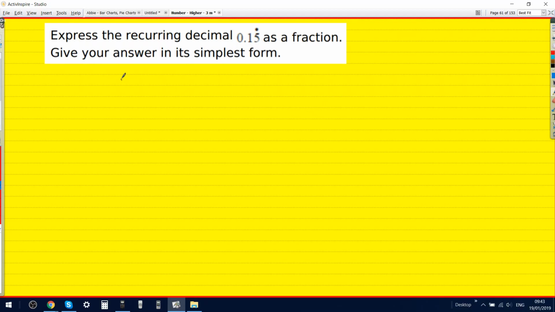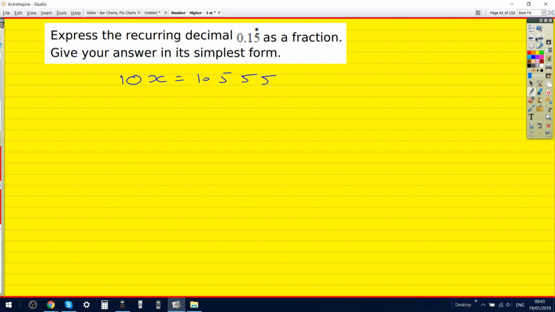So 0.15 times 10, so 1.5151515. The one isn't recurring. Alright, sorry, 5. Yeah. And then it's just the same after that. So you times by 10 because only one number is recurring, and then go through the same process.